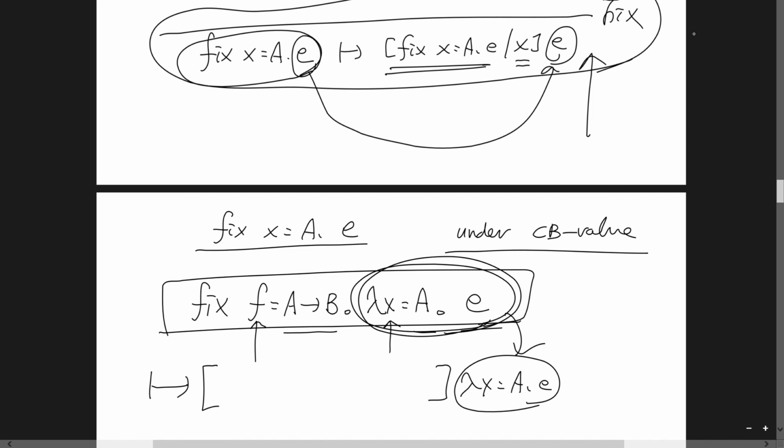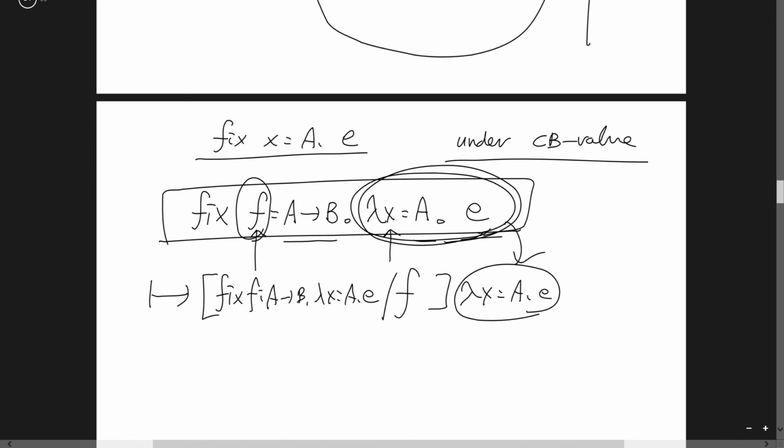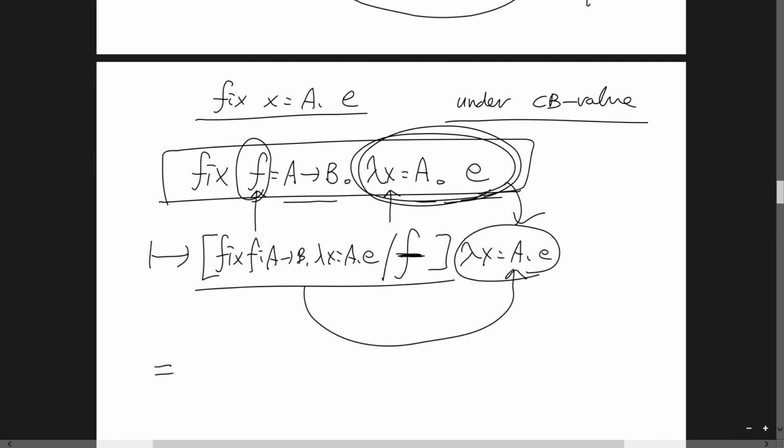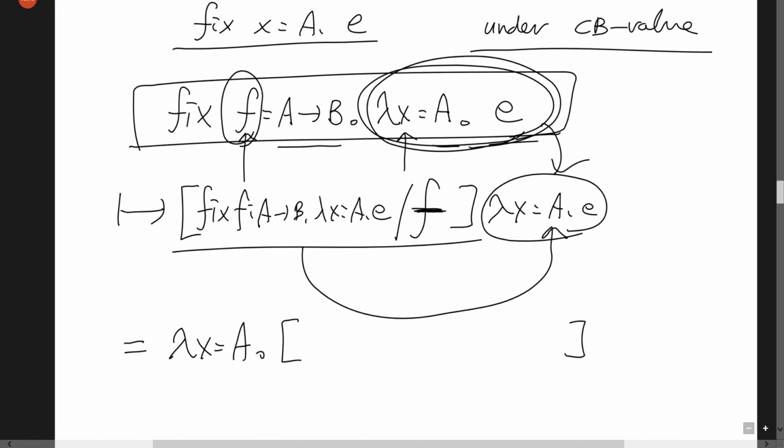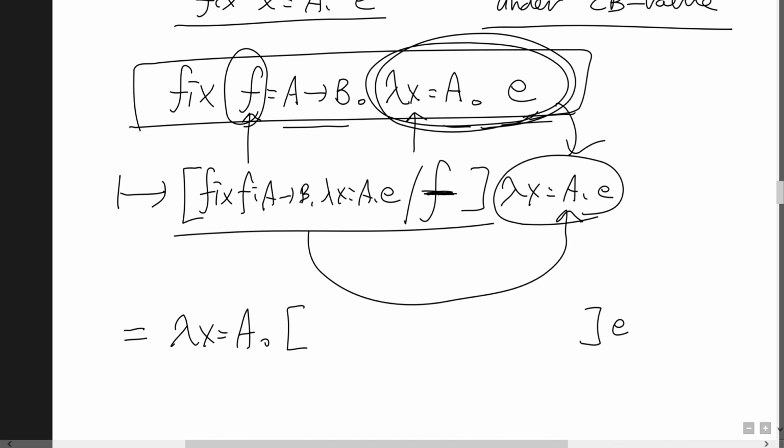So we substitute the whole fixed point construct for this variable f. And usually we can move this substitution inside the body of this lambda abstraction. So in the end, we have a lambda abstraction where this function f is replaced with the entire fixed point construct.